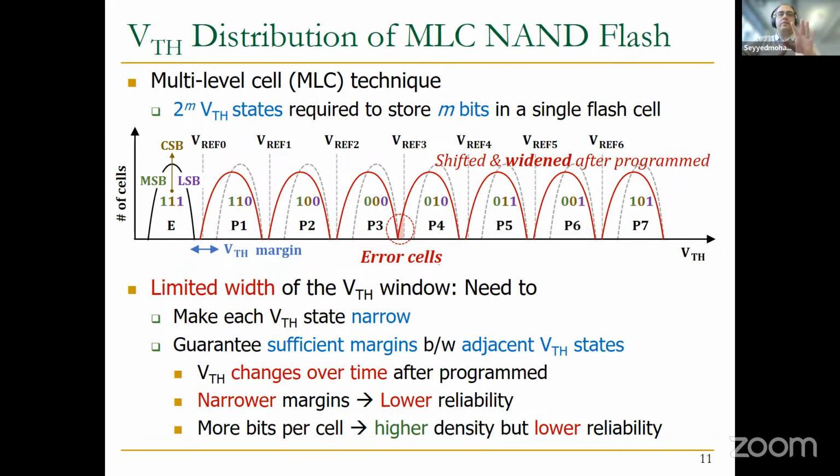Performance is also lower because of the read performance. But if you want higher reliability and higher performance, you need to go with SLC SSDs, and we have both SSD designs in the market.